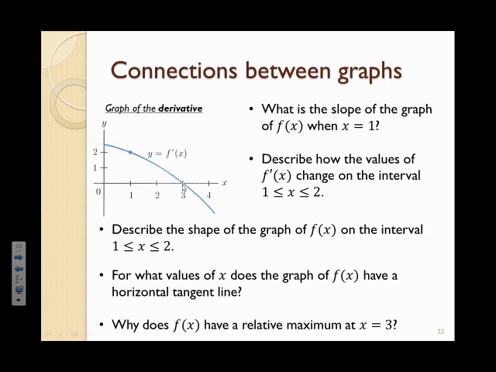Why does f of x have to be a relative maximum at x is equal to 3? Well, we said it could be either or. Apparently there's a way to figure that out from this graph. Before x is equal to 3, all of the first derivative values are positive. That means it's increasing, going up to that value.